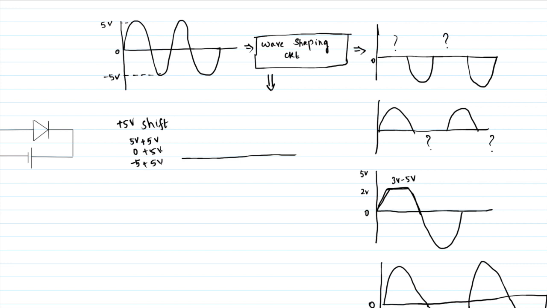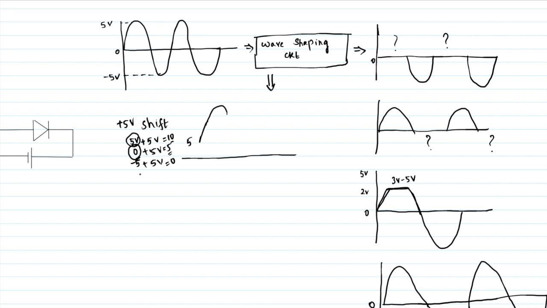So your DC level now starts at 5 volt, the positive peak is at 10, and the negative peak is at 0. Here the DC voltage 0 is now at 5, and the positive peak 5 volt is now at 10.